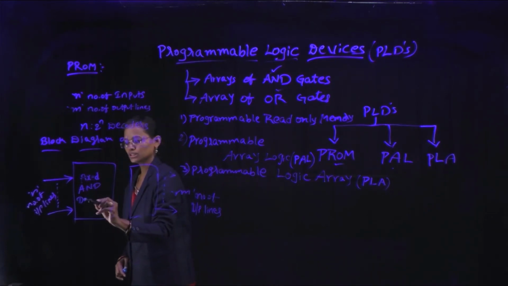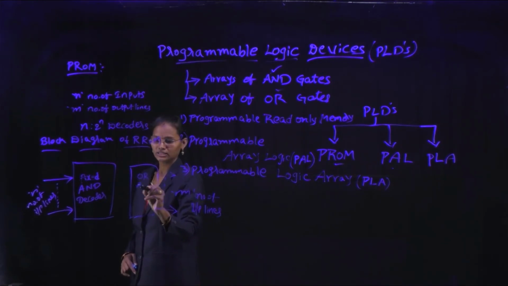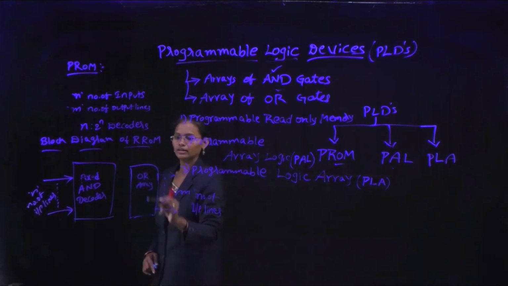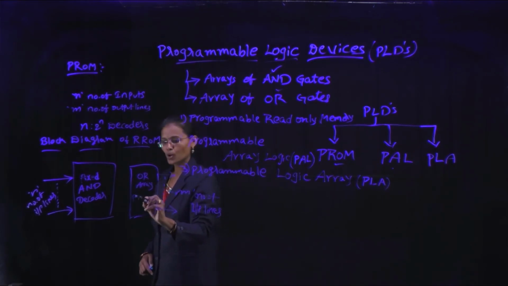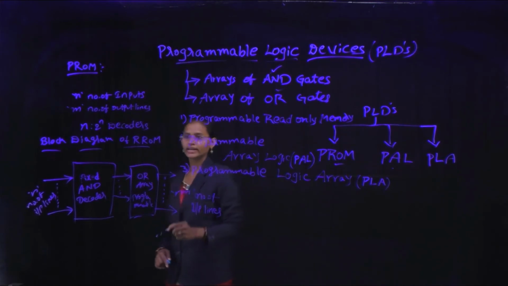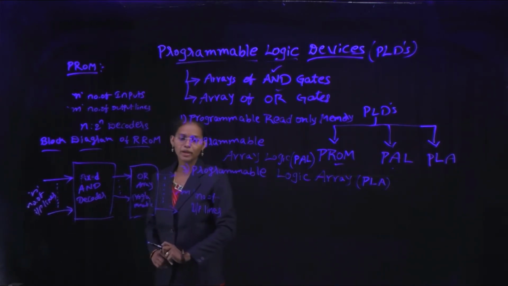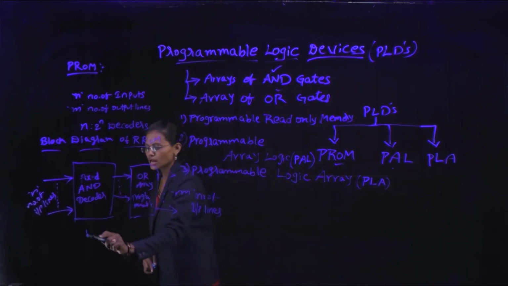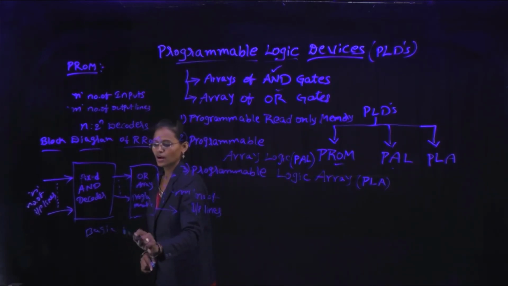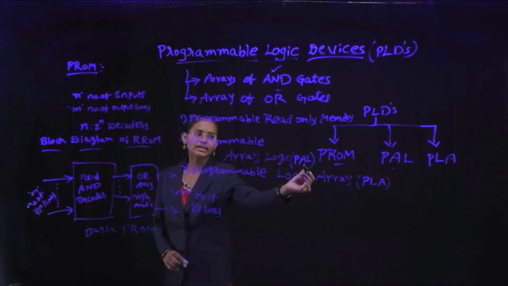Here we are using the decoder, and this is the OR array. In the OR array, this is programmable. These are connection lines. This is the block diagram of PROM, the basic diagram for PROM.